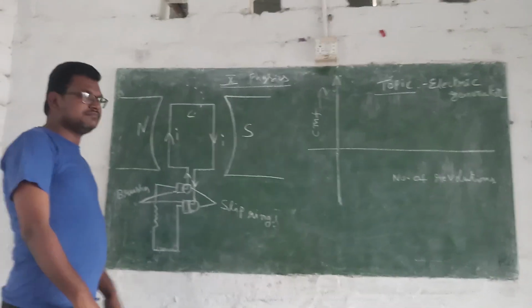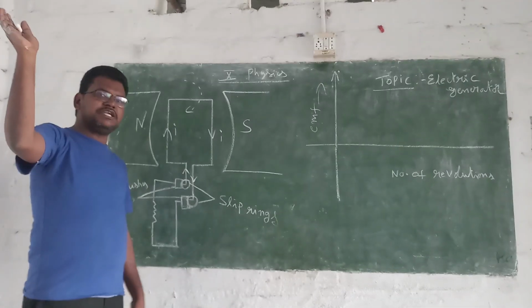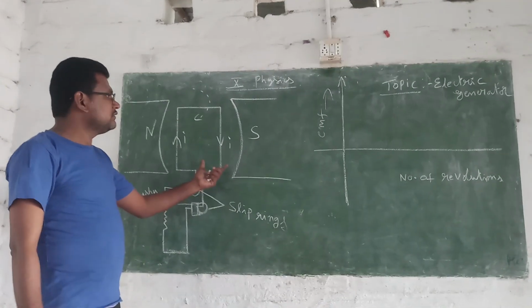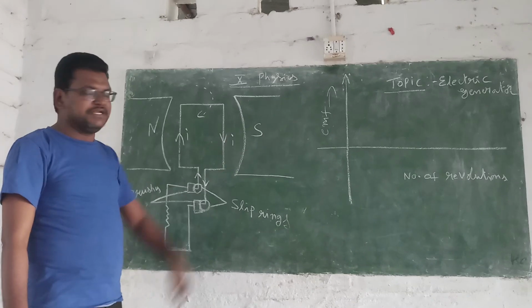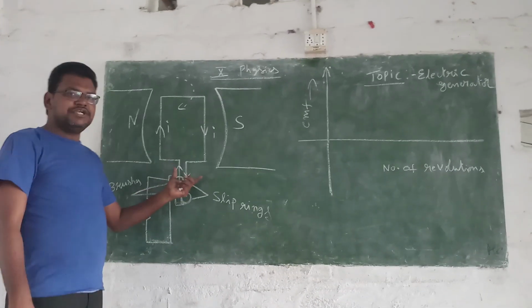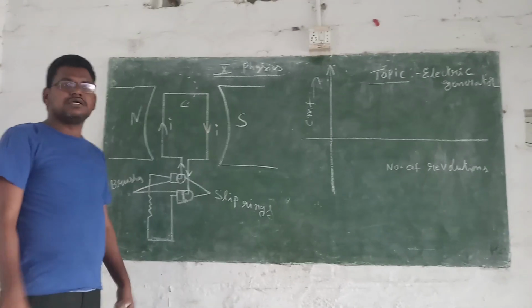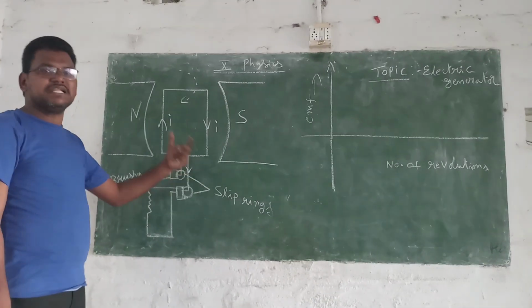Electric generator. The electric motor converts electric energy into mechanical energy, whereas the electric generator is a device that converts mechanical energy into electric energy.